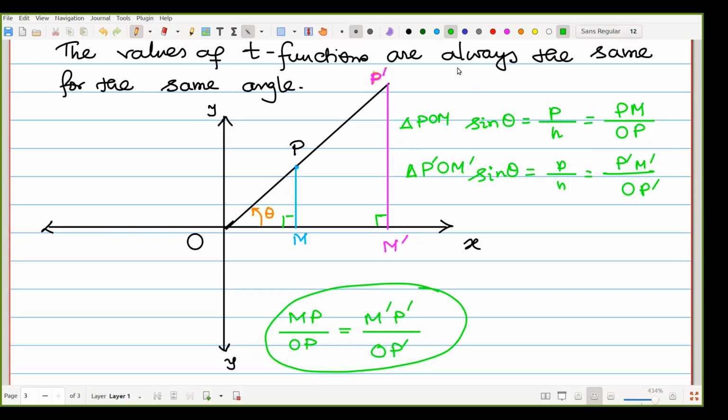If we draw any other angle here also, the result would be the same. Suppose another point is here. If we draw P double dash, M double dash, that should be the same for sine theta. No problem. Now, whatever quadrant we are using here.